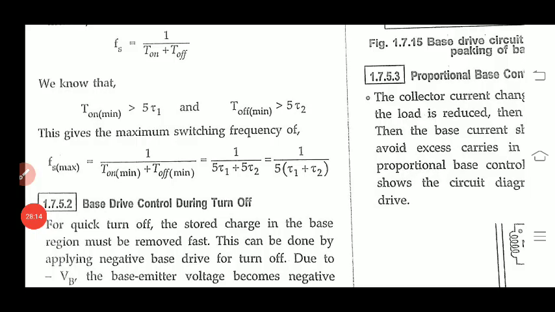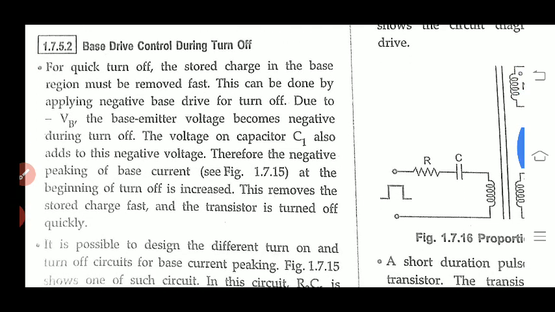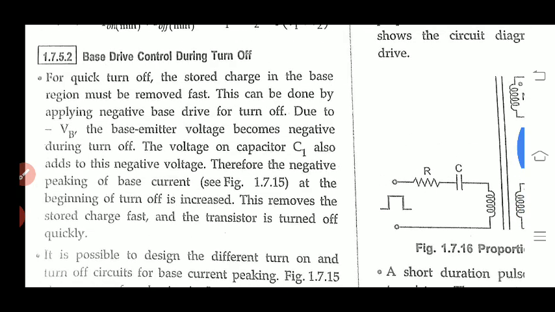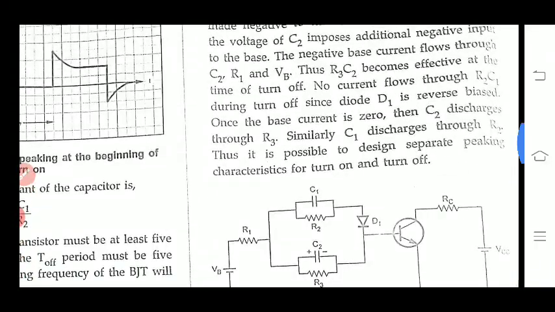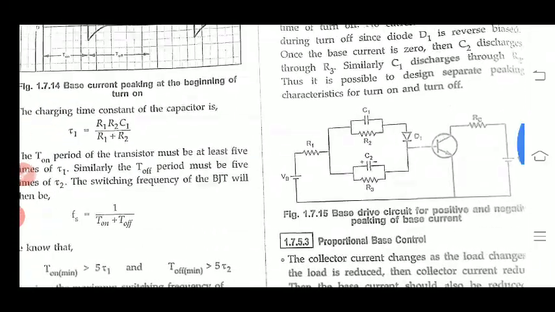Next concept we will see is base drive control during turn on and turn off. In the next concept, how can we do base drive control during turn off. So we will see another circuit diagram.